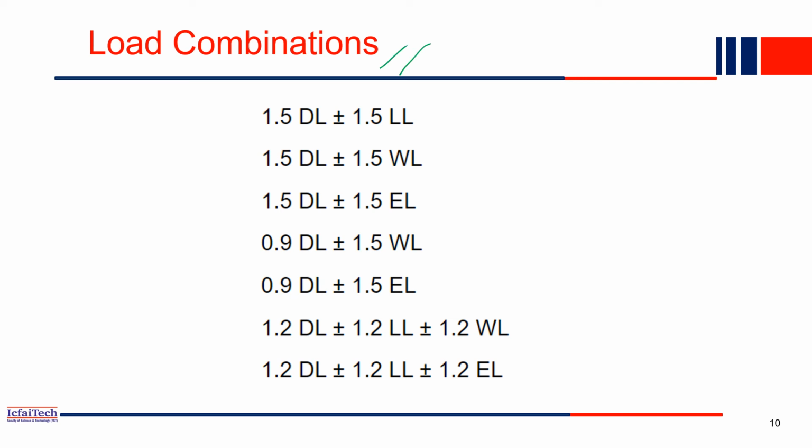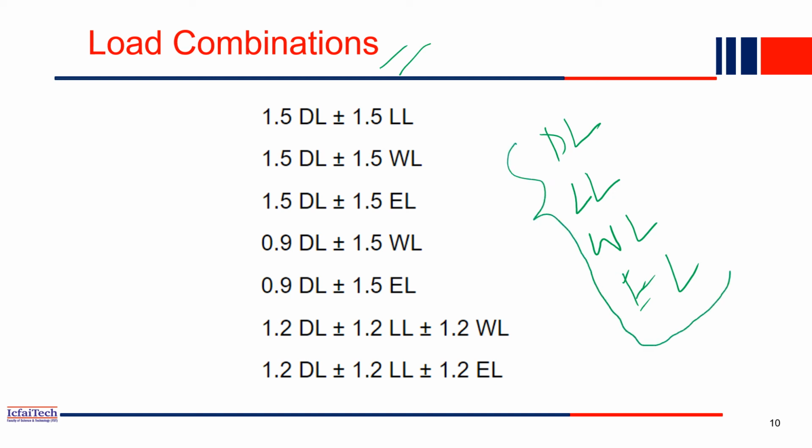In the last three or four slides, we have discussed dead load, live load, wind load, and earthquake load. But now the question is, for analyzing a structure, whether we take all the loads or not. Maybe some area near the coast is subjected to wind load, but it may not be subjected to earthquake load.